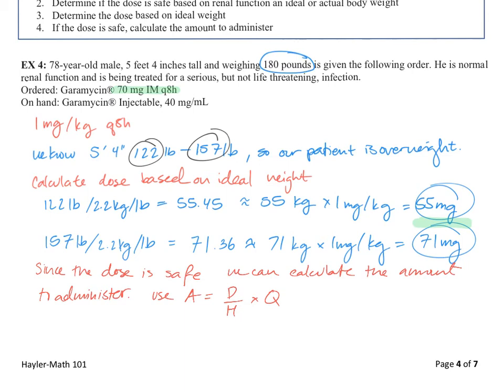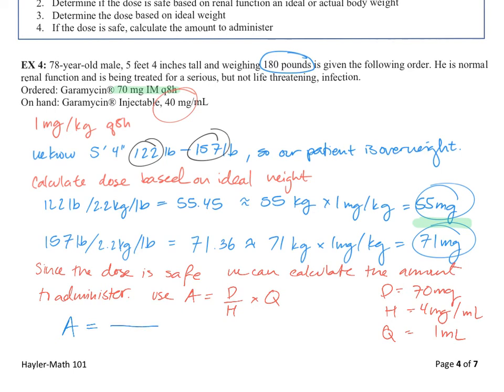We can go ahead and plug in what we have. D is 70 milligrams. H is the amount we have on hand, 40 milligrams per milliliter. And Q is the unit, which is 1 milliliter. Okay, we're plugging those into our formula.